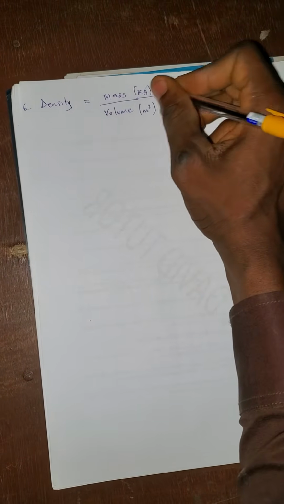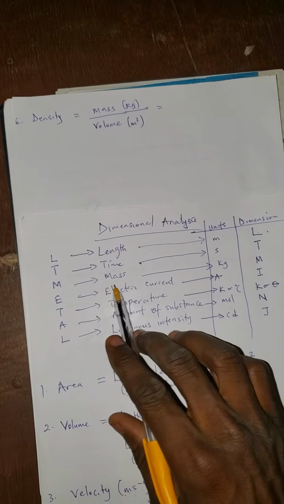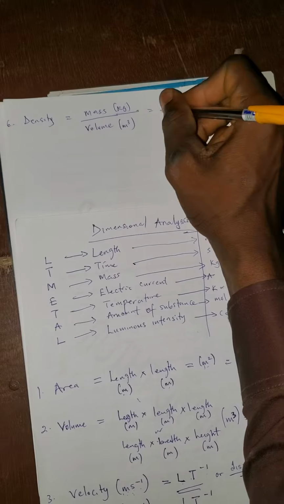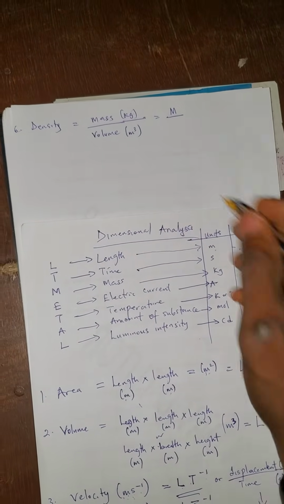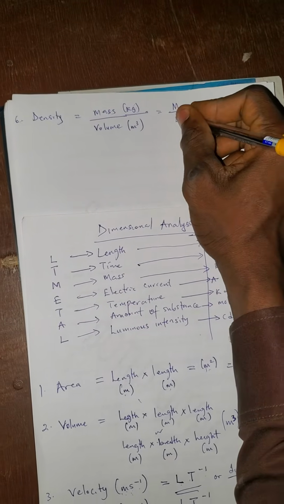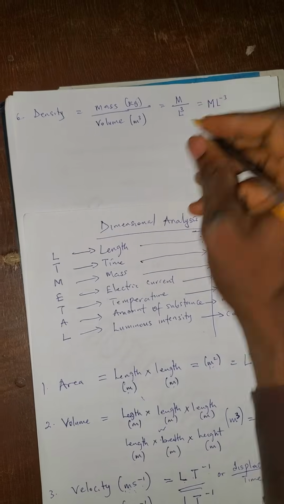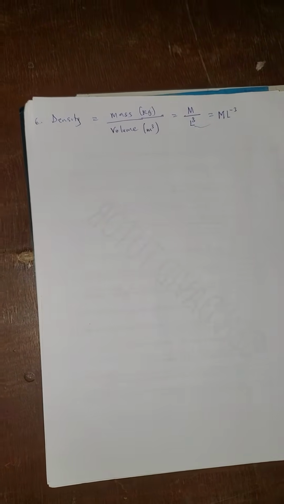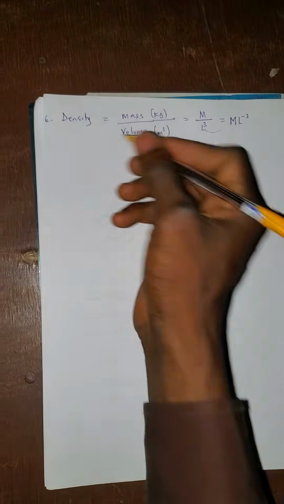The dimension for kg, because kg is for mass, and dimension for mass is capital M. So we have M over, we have meter to be L, and this one is meters cube. So we have this to be M L raised to minus 3, because if you take this up, it becomes minus. So if it is negative before, it becomes plus. But if it is plus before, it becomes minus.